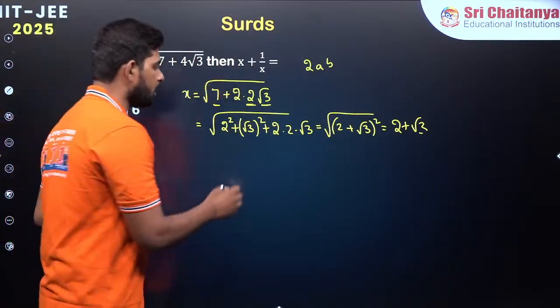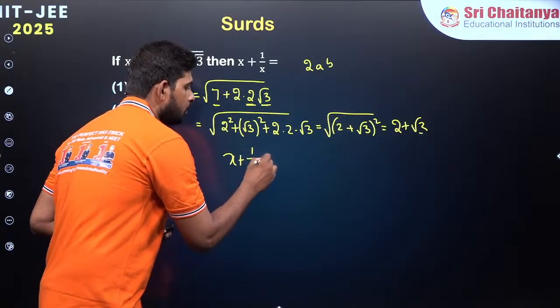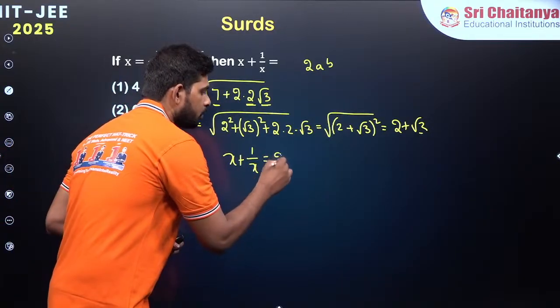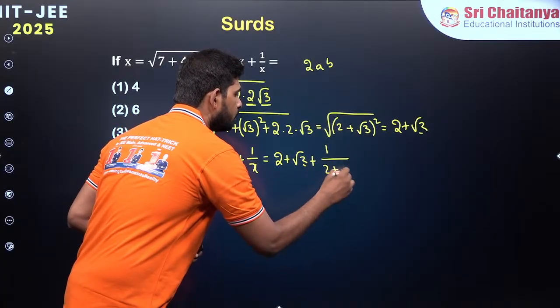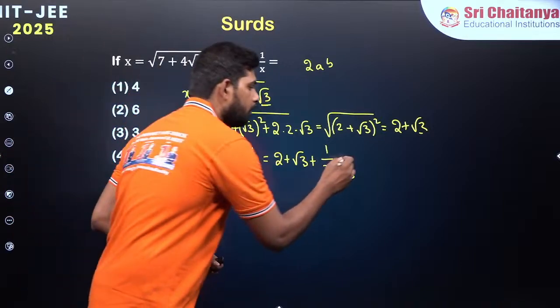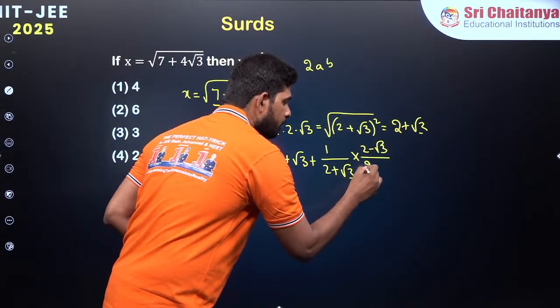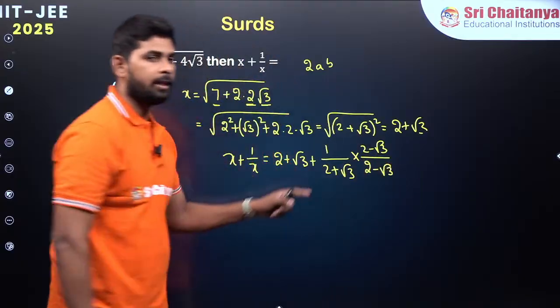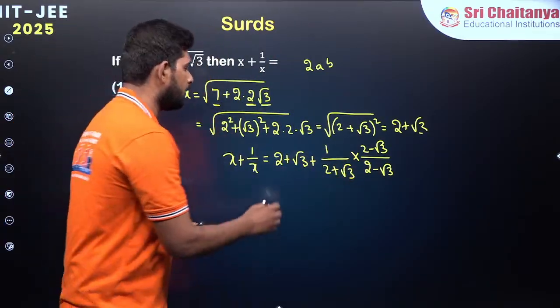Now let us substitute in the given expression. X plus 1 by x is equals to, x we have got 2 plus root 3, and plus 1 divided by 2 plus root 3. To add these two numbers, I need to rationalize again. We are going to multiply by 2 minus root 3 divided by 2 minus root 3. That is a rationalizing factor, because if you are multiplying these two, you are going to get a rational number.